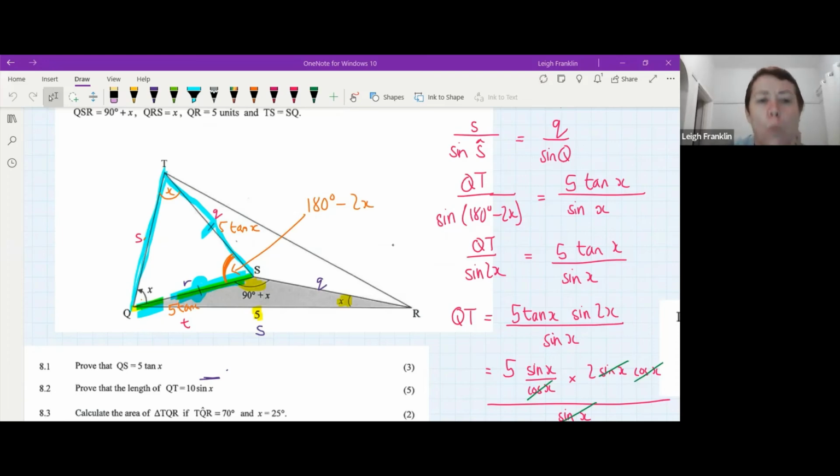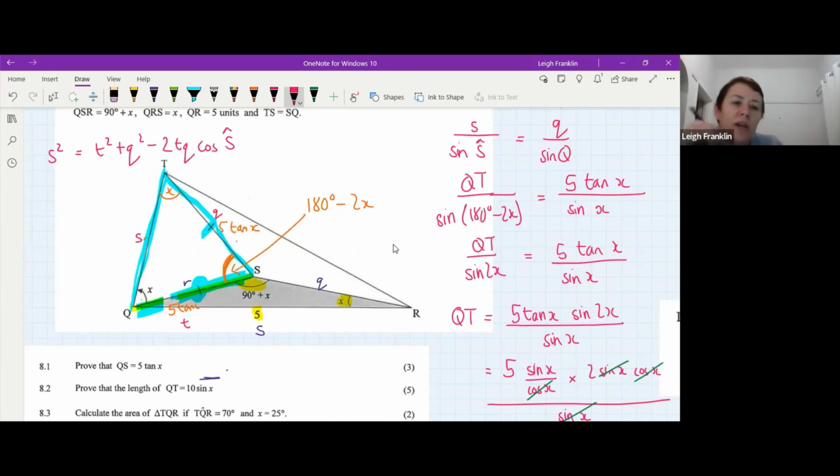All right. When you are working with the cosine rule, if S was the subject of the formula, it would be S squared equals T squared plus Q squared minus 2TQ cos S. All right.